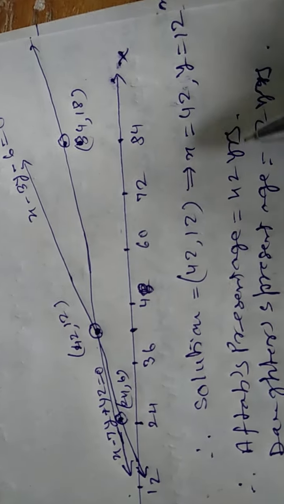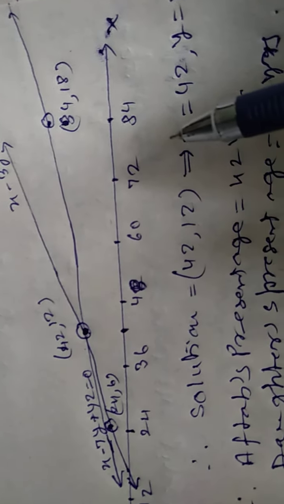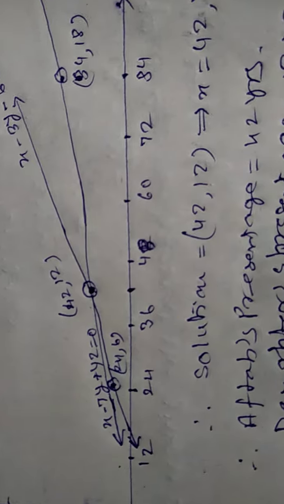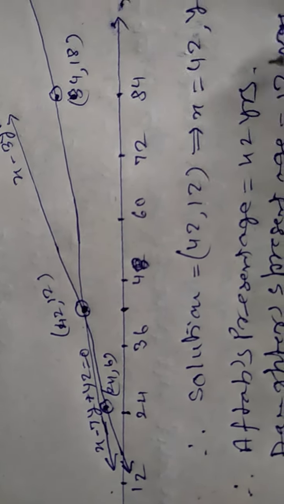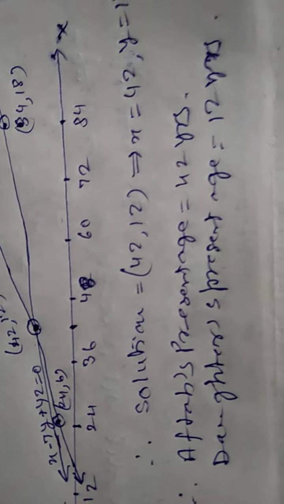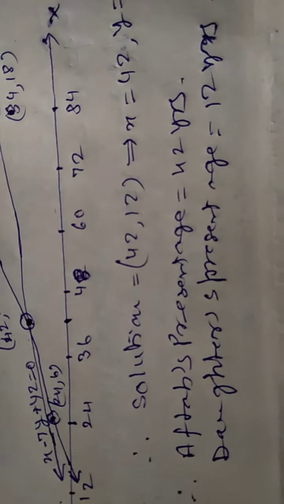This value you have obtained by using the graphical method. Now, when you use the algebraic method, you will get the same value, which you will learn in the next coming exercise. For today, that's all.